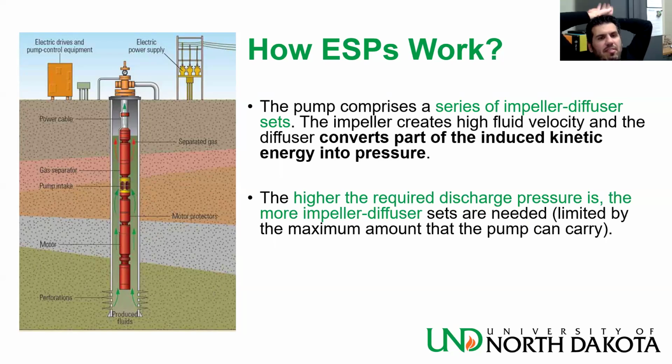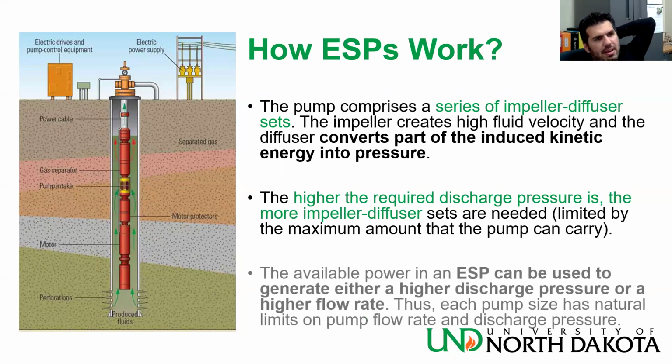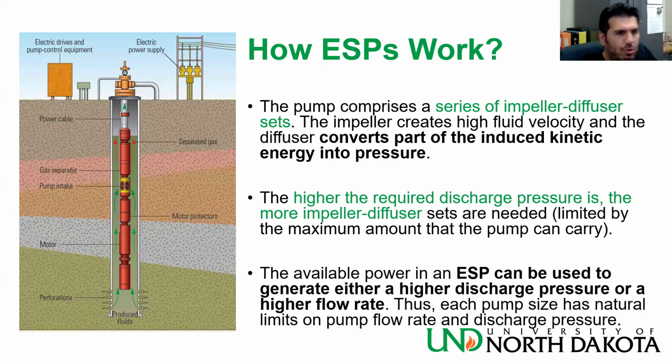You are limited by the maximum amount that the pump can carry, of course. The available power in an ESP can be used to generate either a higher discharge pressure or a higher flow rate. Thus, each pump size has natural limits on pump flow rate and discharge pressure.